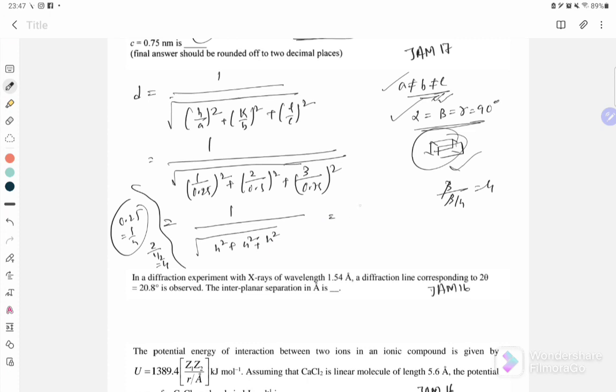So 1 by 3 into 4 square, that is 1 by 4 root 3. Our answer will be 0.14 nanometer.